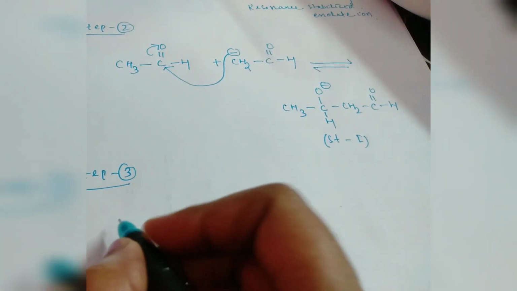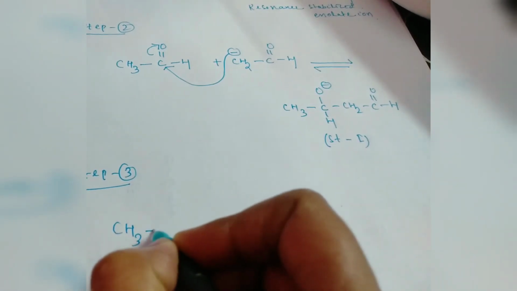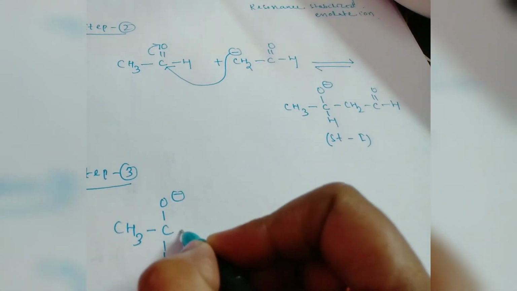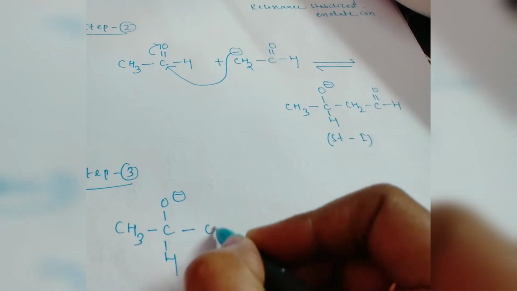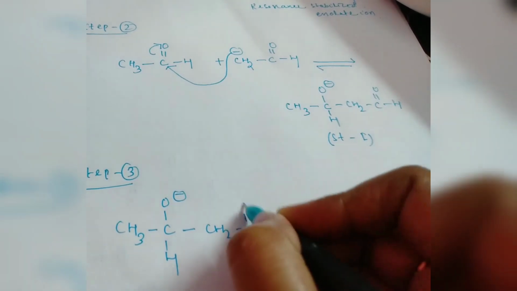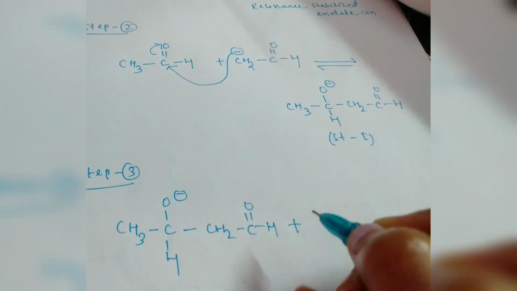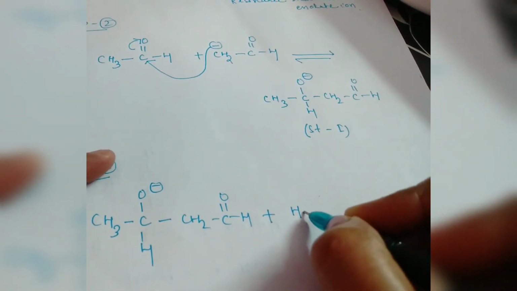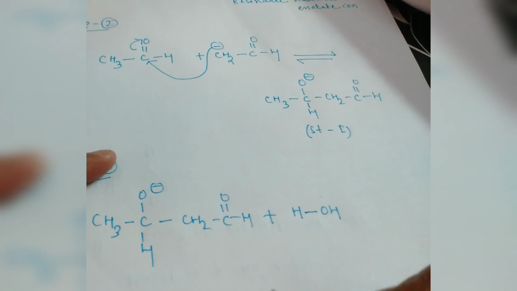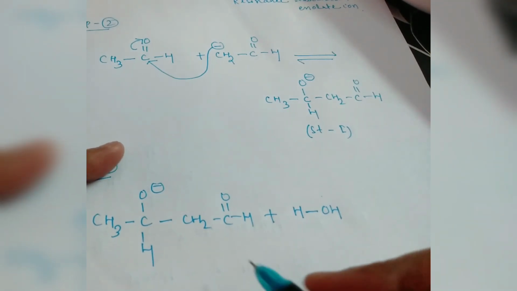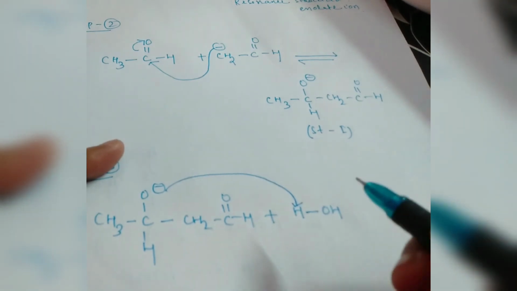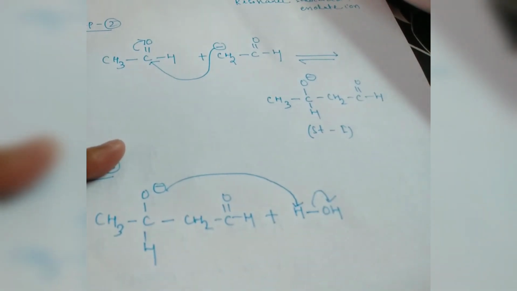So here, this one is your structure number 1, C O minus H, this is your CH2 C double bond H, plus one water molecule. If I write the water molecule like this, HOH, here what happens? This becomes H plus, and this removes its OH minus.